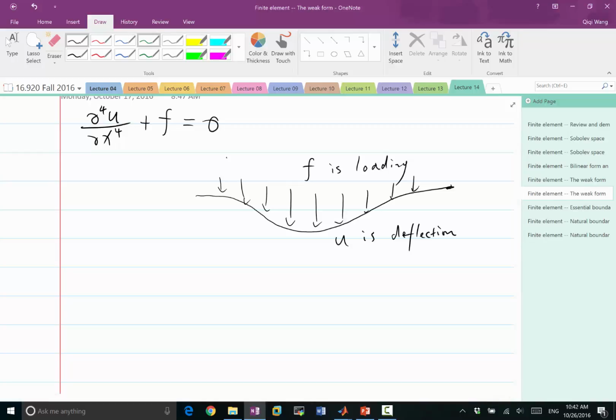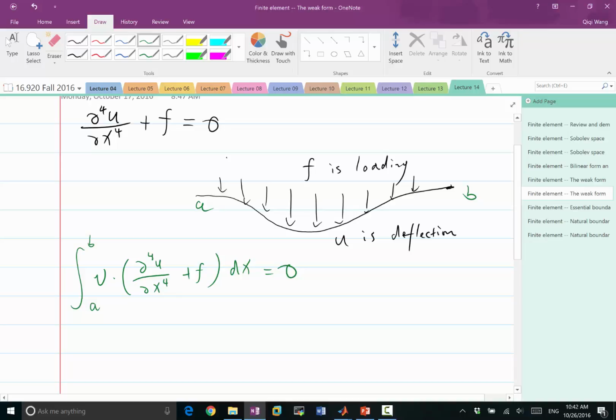We can derive the weak form again by multiplying a test function v on this equation. So let's say this is a, this is b, and the integral of the equation times v dx is equal to 0. Because the equation involves a fourth order derivative, we need more comprehensive boundary conditions than what we have for the Poisson's equation.